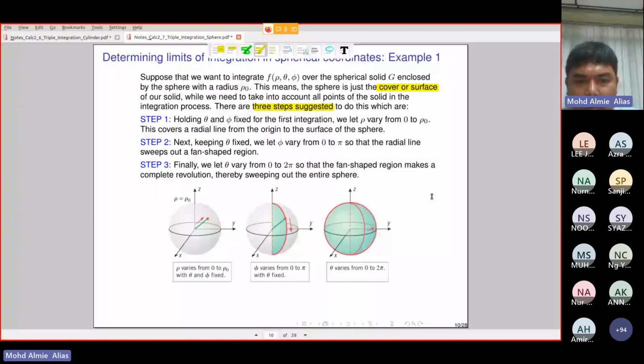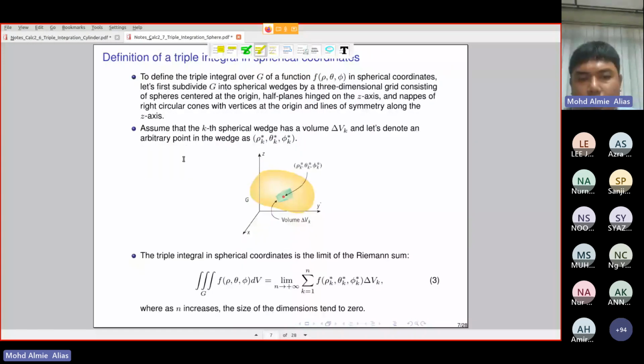So in this case, we'll start with rho first, which means that if we want to integrate with respect to rho, we need to fix or assume that theta and phi are constant. So we fix them. Okay? So we let rho vary from 0 to rho naught. This actually gives us the radial line from the origin to the surface of the field, because by definition, rho is the line here.